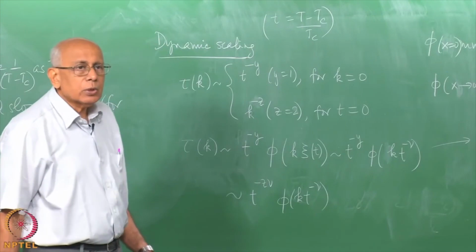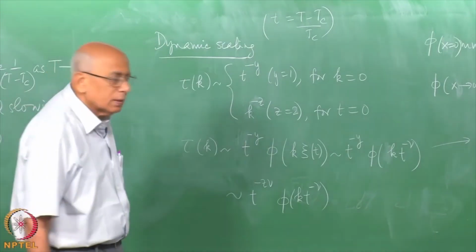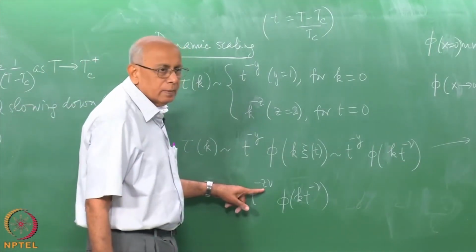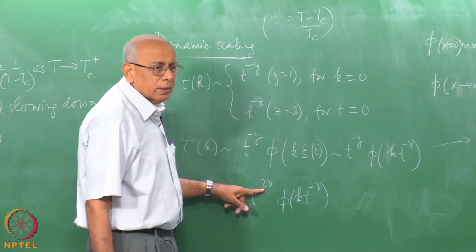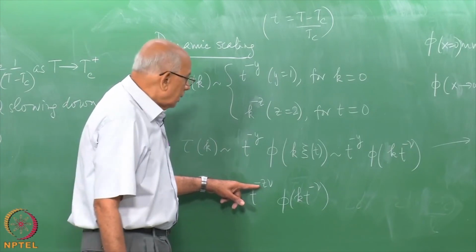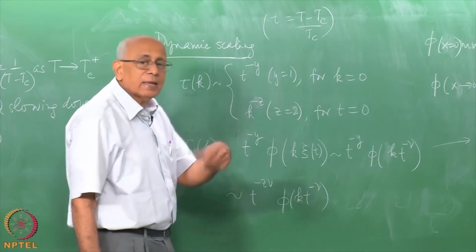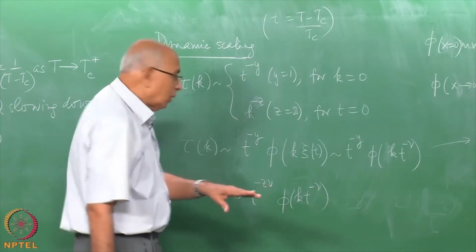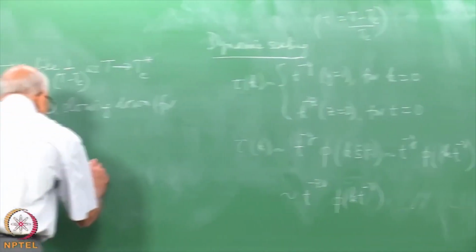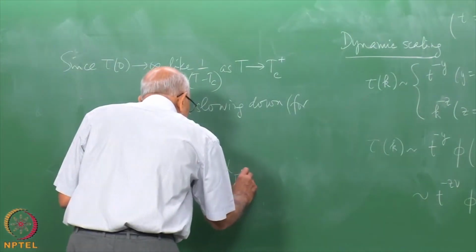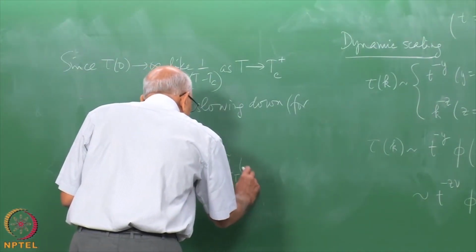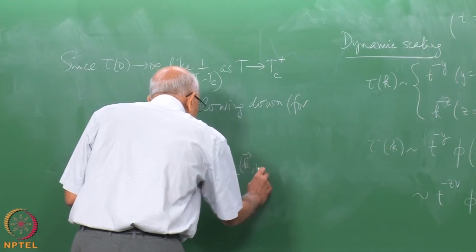So, we have introduced a dynamic scaling exponent z. There is one more exponent here. Now, we can relate this to the susceptibility, because what you need is the formula, the susceptibility chi(t). Now, we do a Fourier transform in k and omega.